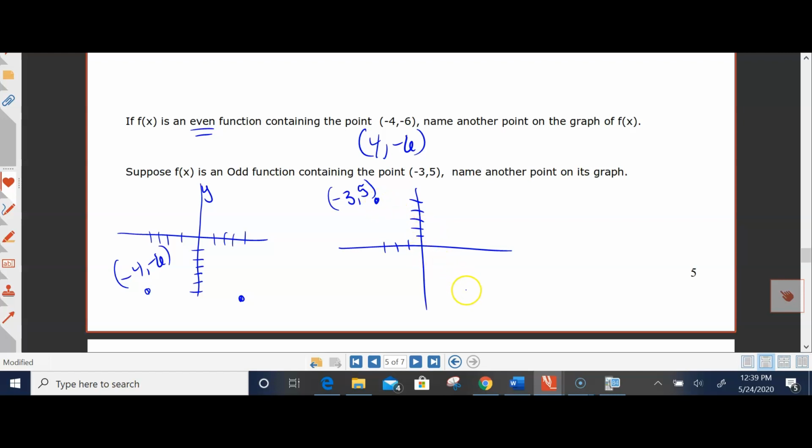It would be over here, which would be (3, -5). So this answer would be (4, -6). This answer would be (3, -5). Because of the symmetry across the y-axis, that's our other point. Across the origin, there's our other point.